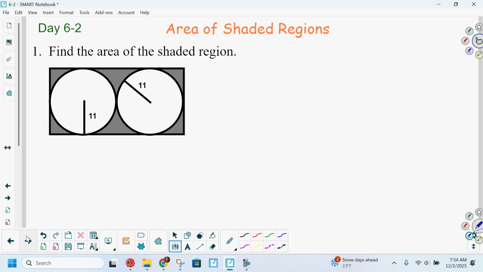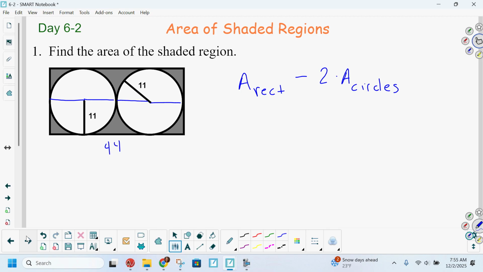As I'm looking at this, I realize I'm going to have to find the area of the rectangle, and then subtract the areas of 2 circles. The radius of the circle is 11, which means this is 11, this is 11, and this is 11, so this length will be 44.